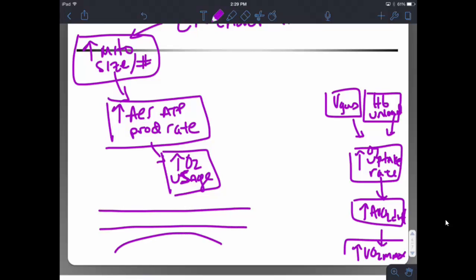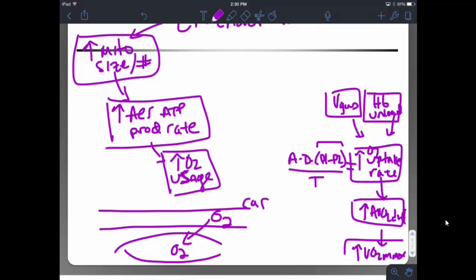Here's your capillary, here's your muscle. Remember, we have oxygen going like this. Oxygen uptake rate is affected by the pressure gradient, which is the gradient between the capillary and the muscle.